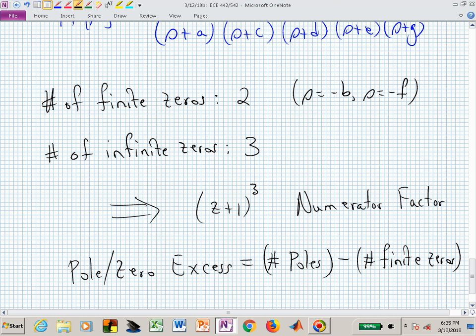But here, we just need to know how many poles do I have minus the finite zeros, and that gives me my pole zero excess. And that's actually the same as the zeros at infinity.